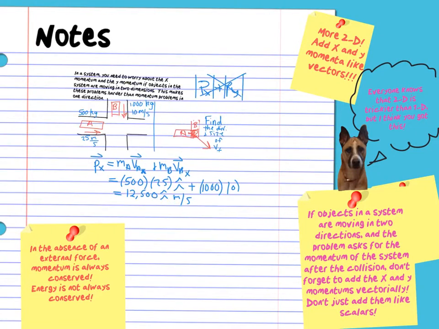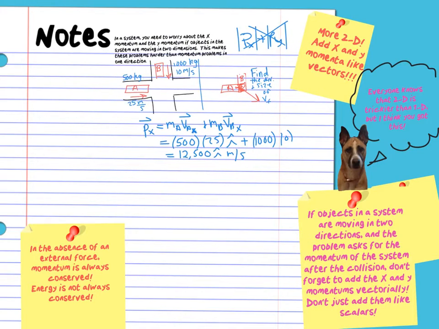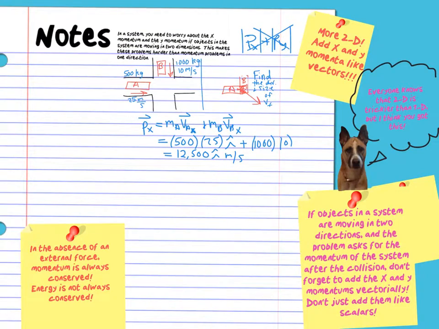Now let's figure out what the momentum initially in the y direction would be. Once again, we would have MA VA in the y direction plus MB VB in the y direction.